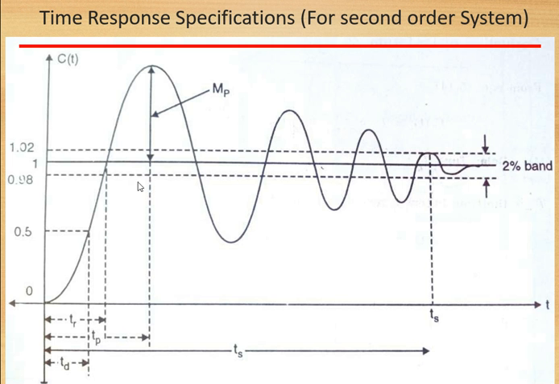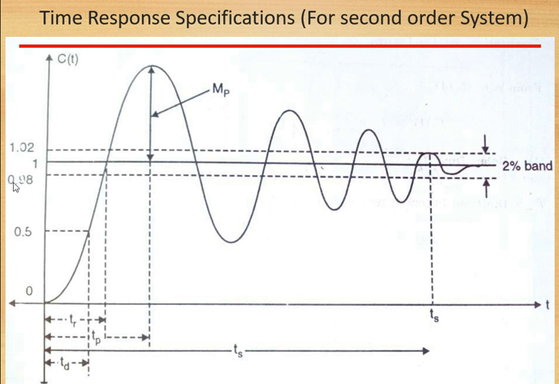After some time this overshoot and undershoot amplitude tries to become small, and due to that damping, the system's response tries to become the desired response. The time after which this response comes within the 2% error band, okay, so here in this case it is 0.98 to 1.02. If you calculate the 2% of this one, you will get this value.